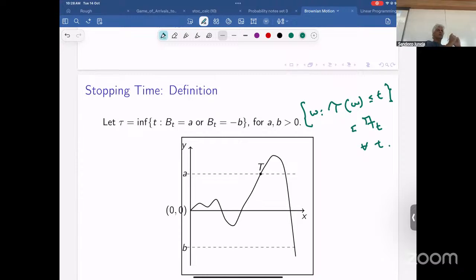For some of these omegas, tau of omega is less than or equal to small t. Collect all those omegas and ask yourself, does this belong to F_t or not? For every t, this should be true. Then it's a stopping time. What we are capturing is a random time which is not looking into the future. So this is implementable, we can take action based on this. We're not peeking into the future, basically.